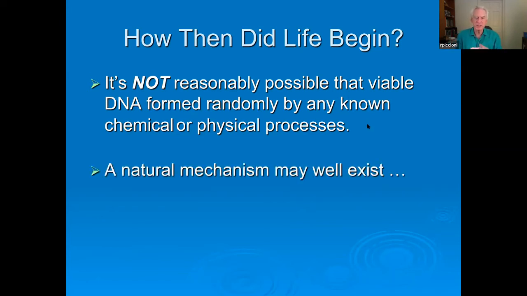Now, science has faced dilemmas on this magnitude in the past. There was no explanation for lightning. There was no explanation for the ultraviolet catastrophe of thermodynamics. There was no explanation for why atoms are stable until someone made a great discovery. And it may be that there is a completely natural explanation, and someone will one day make a great discovery, and we will eventually be able to understand how life evolved.